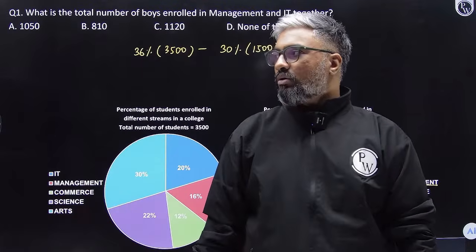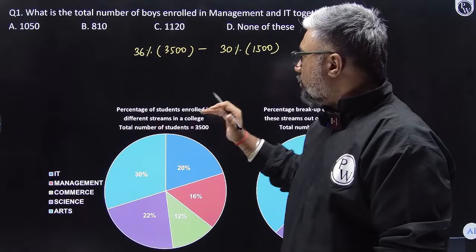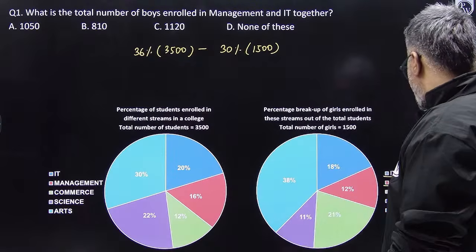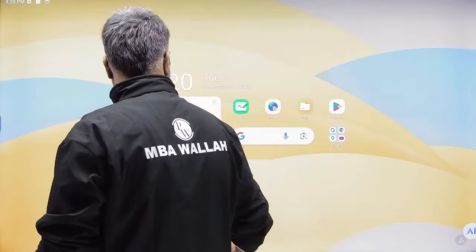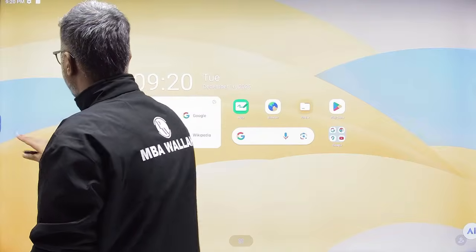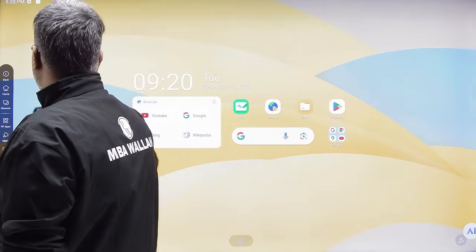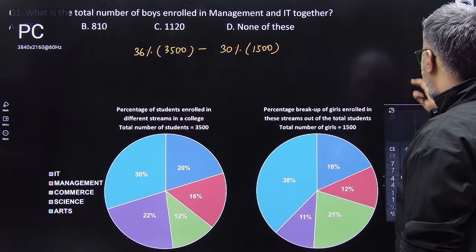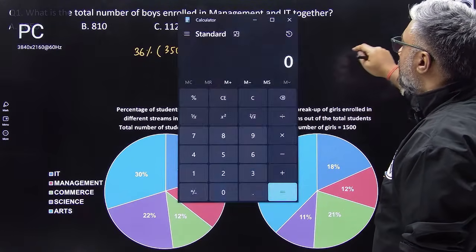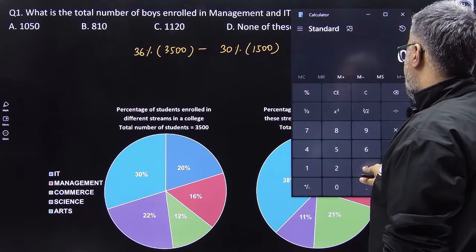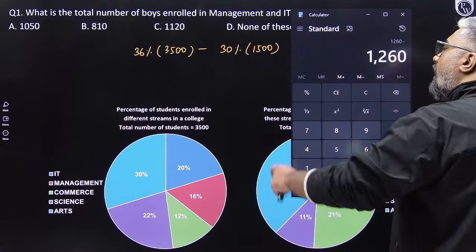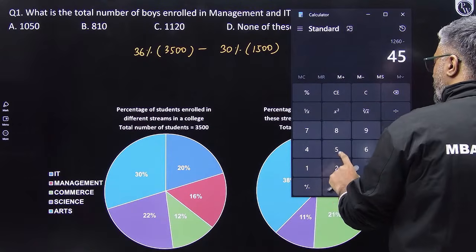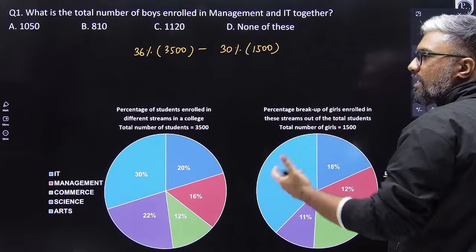So instead of sitting and doing the whole calculation beforehand, you can do these calculations on the spot, and nothing can go wrong here either. So if I were to do, let's say, 36%, that's 36 into 35, which is 1260, minus 30 into 15, which is 450. I subtract that, I get 810, and that's my answer.